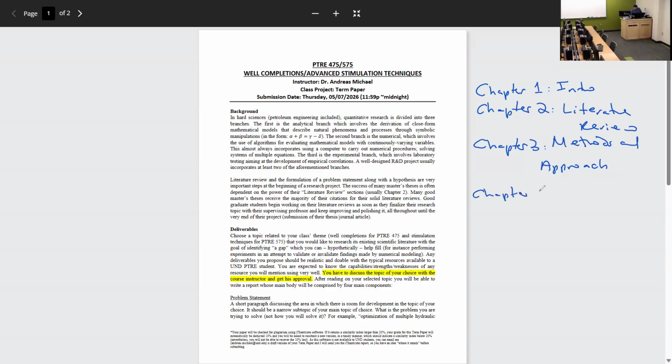Chapter 4 will be results. It could be results and discussion, depending on how big it is. Chapter 5 would be discussion. What do your results mean? What are the implications of them, etc. Chapter 6 is conclusions: conclusions, recommendations, future work, blah, blah, blah. Then you have references, glossary, vita, and then you are basically done.